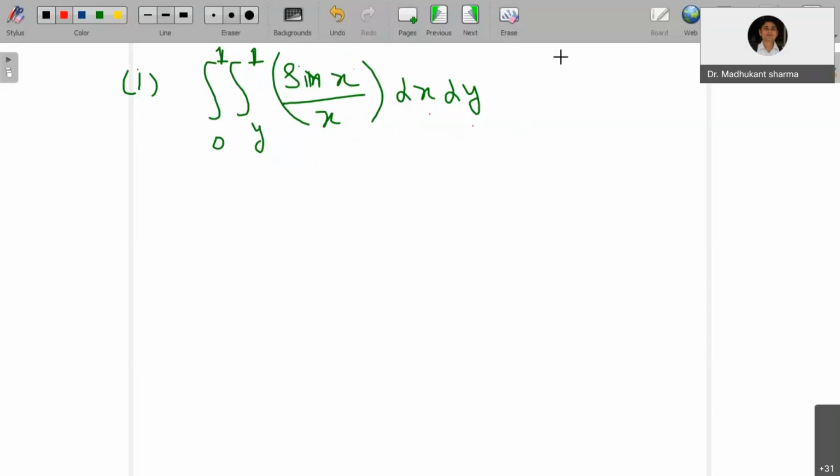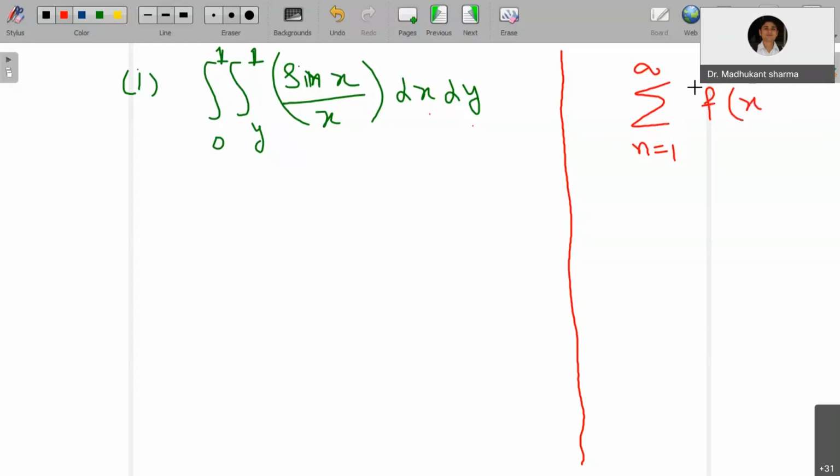That's true, you could do that, but the challenge is that when you write an infinite series, with n from 1 to infinity, you have a function of x only, say x to the power n by n factorial times the nth derivative, taking the Maclaurin series.